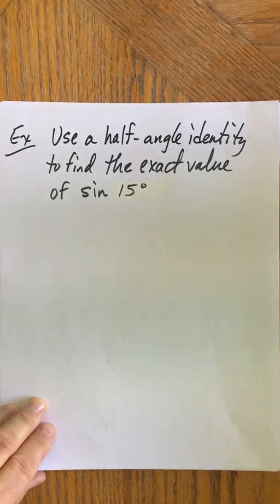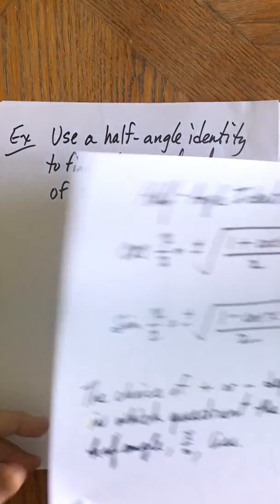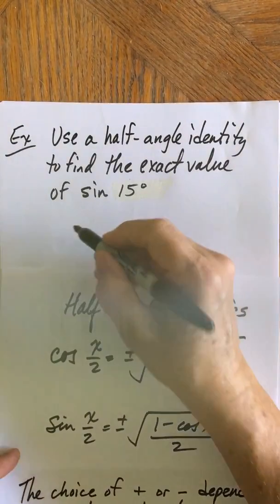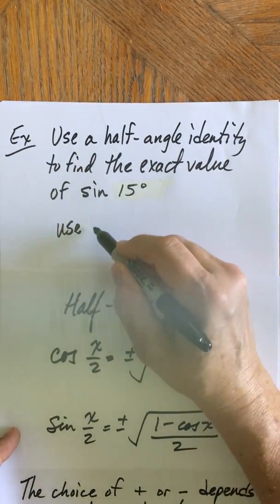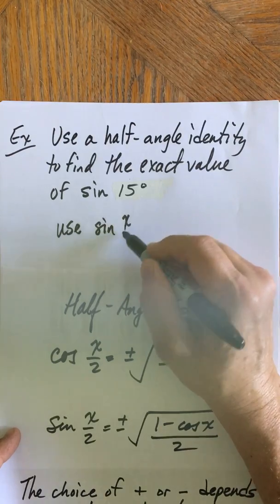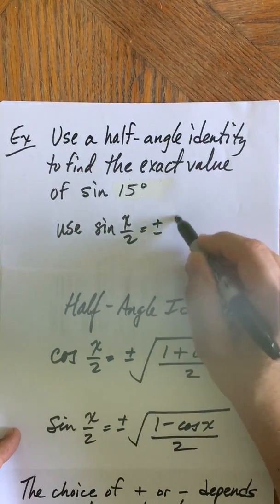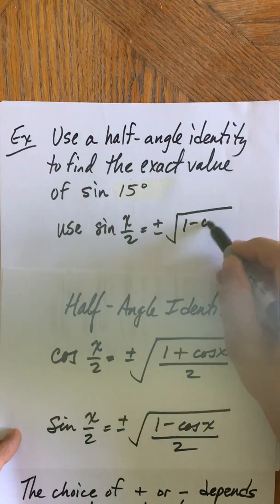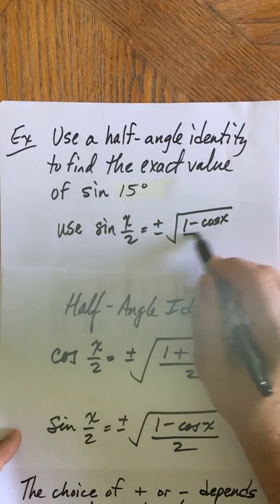All right, so let's go ahead and write the formula we're going to use. It's going to be this one right here. Sine of x over 2 is plus or minus square root of 1 minus cosine of x all over 2, right?